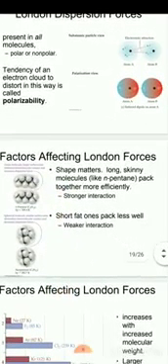Now, factors affecting the London forces. Size matters, of course. If it is a long chain molecule, there will be stronger interaction.